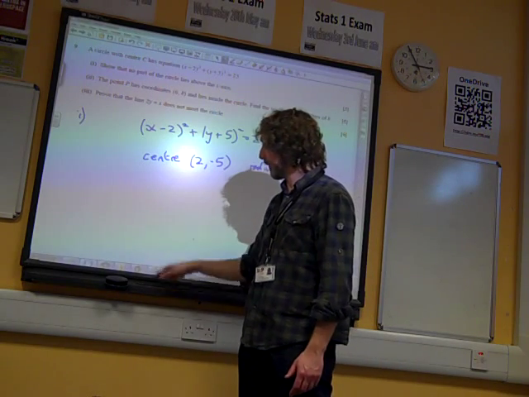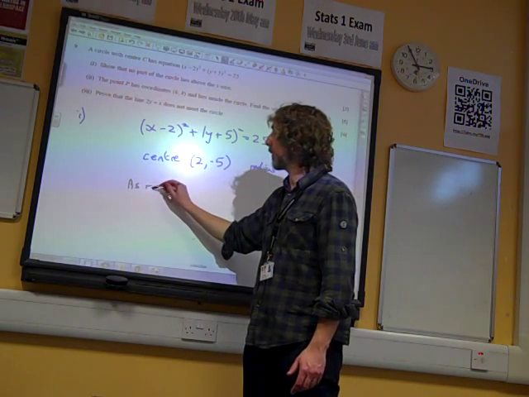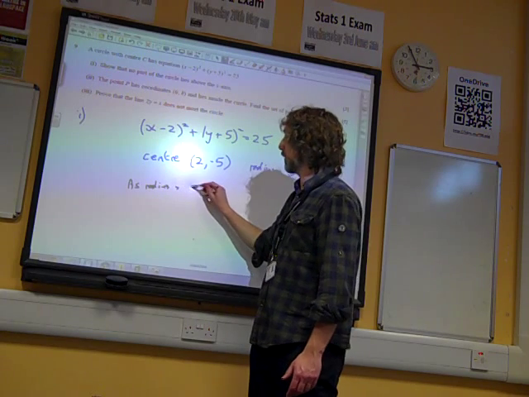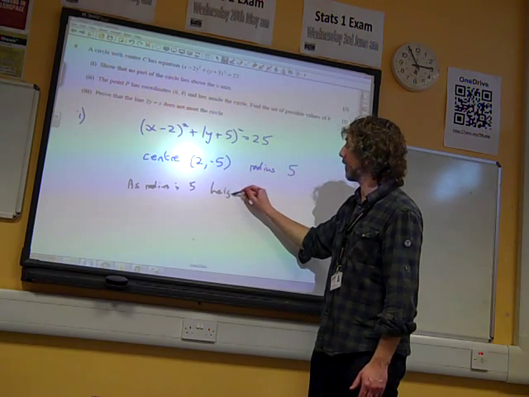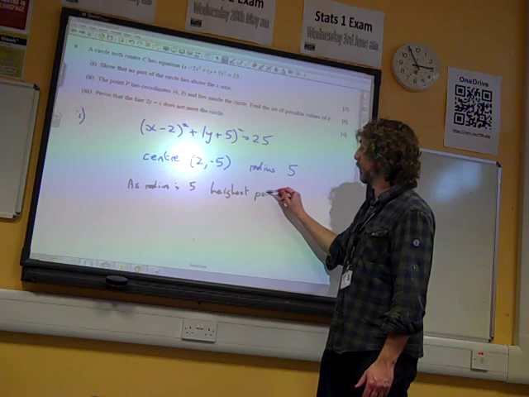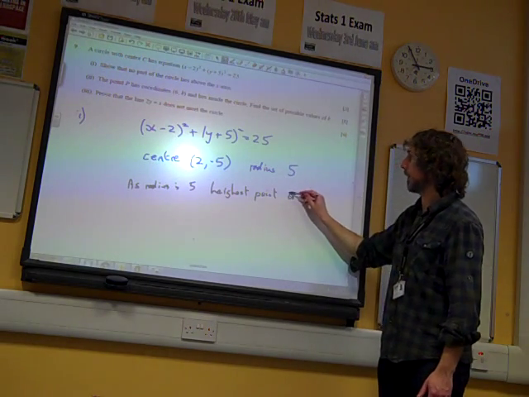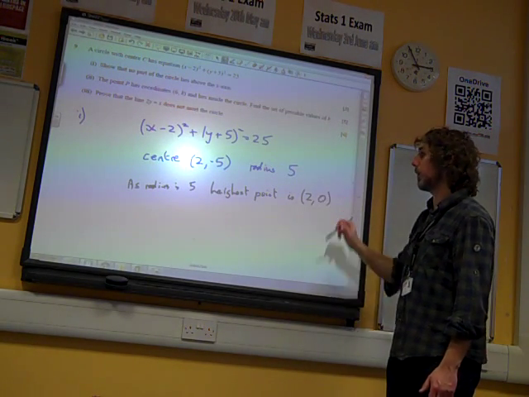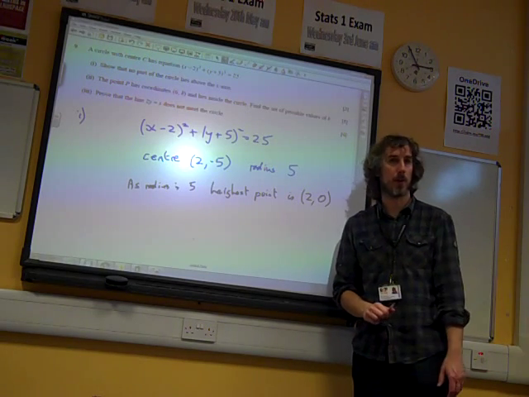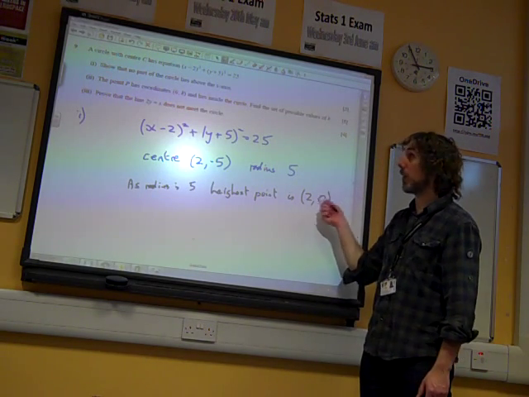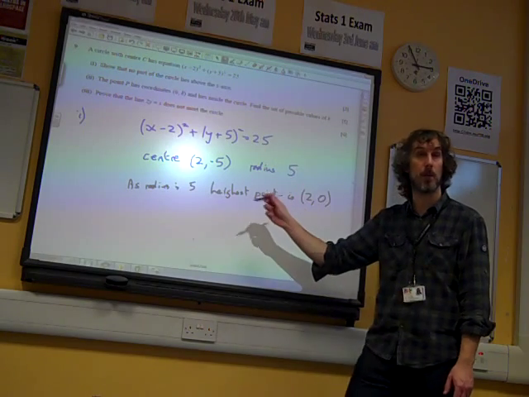So as the radius is 5, the highest point would be (2, 0), because it's 5 above (2, −5), and that's just touching the x-axis, so it never goes above the x-axis.